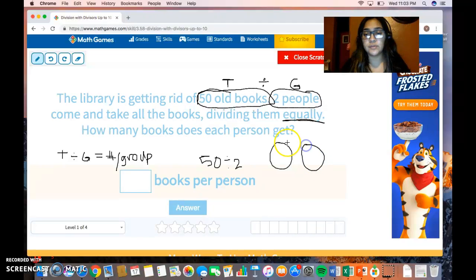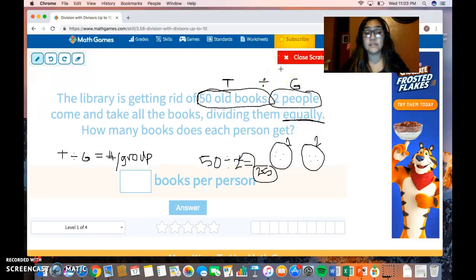So I have 2 groups, group 1, group 2. You guys have to distribute your total between the number of groups. So in this case, my total is 50, and I'm dividing that by 2, which is 25. So 25 books per person.